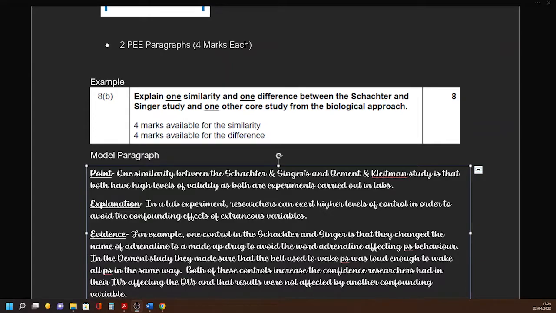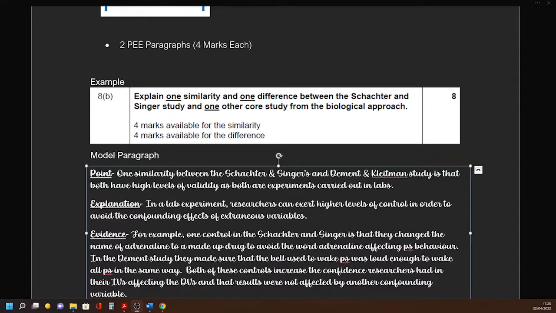So I picked this question, which is: explain one similarity and one difference between Schachter and Singer and another core study from the biological approach. Obviously there is one similarity and one difference. That's a key part of the question, so make sure you do what they're asking. Don't write two similarities or two differences, because that's not what they want.